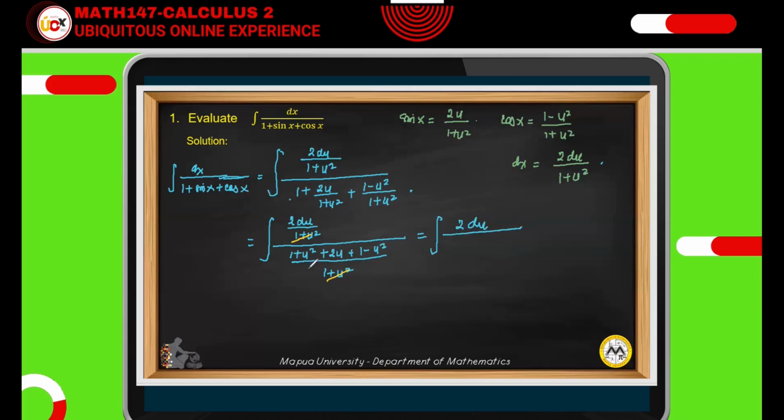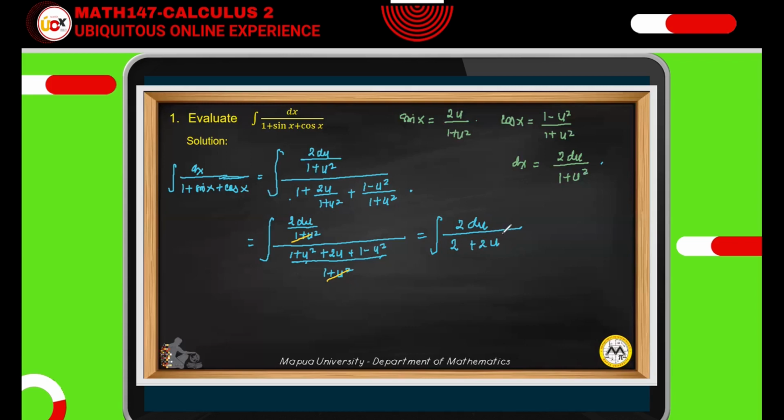Let us try to simplify. Now, we have 1 plus 1 is 2. Then u squared minus u squared will give us 0. Then plus 2 times u.